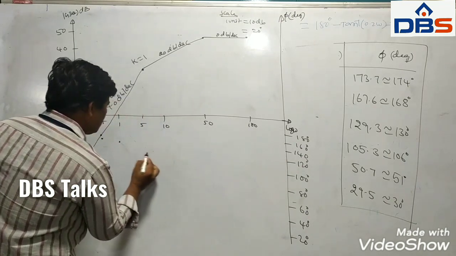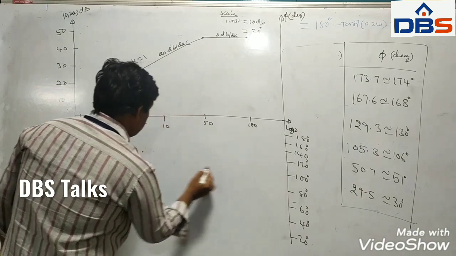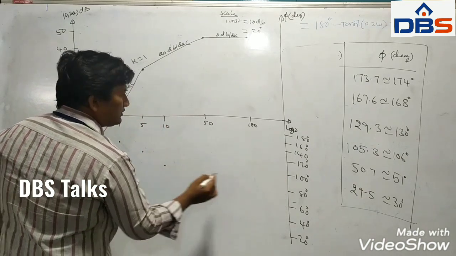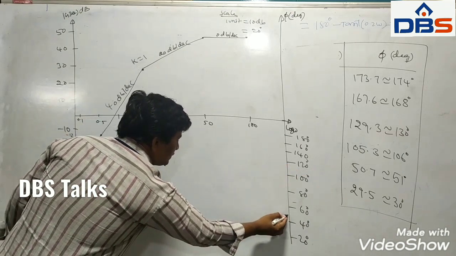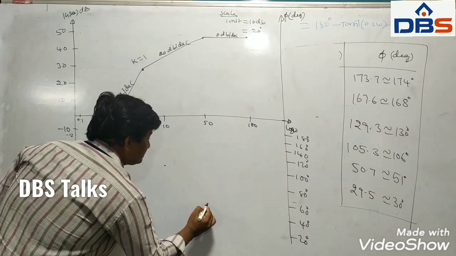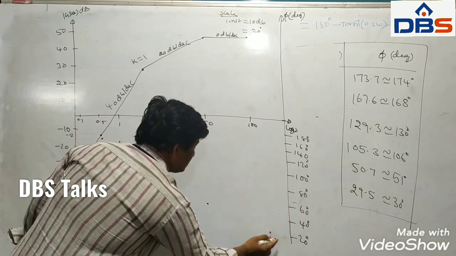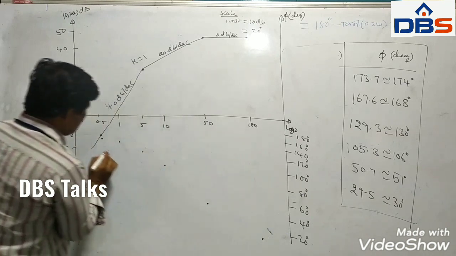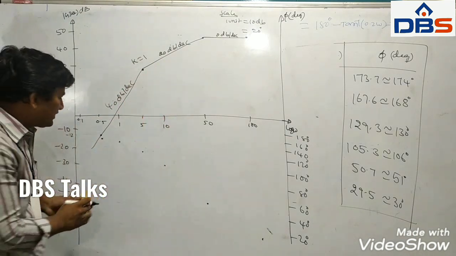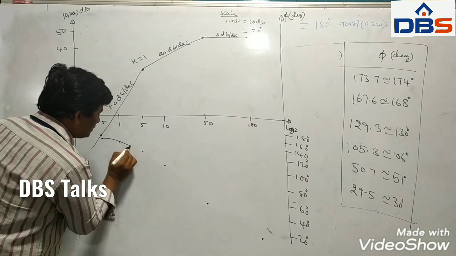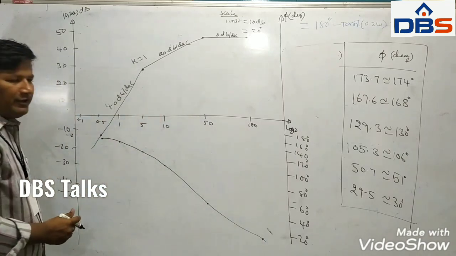For 10 it is 106 degrees. For 50 it is 51 degrees. And lastly for 100 it is 30 degrees. So the magnitude plot is drawn with the help of a scale, but the phase plot is smooth hand drawn. So this is the phase plot.